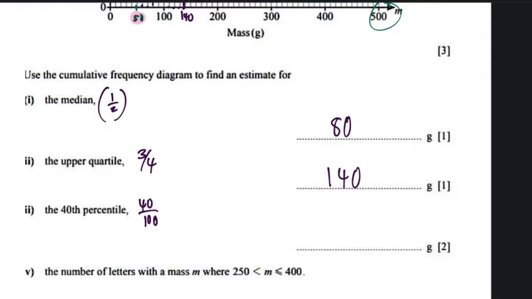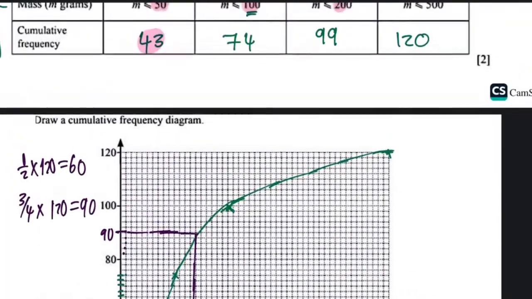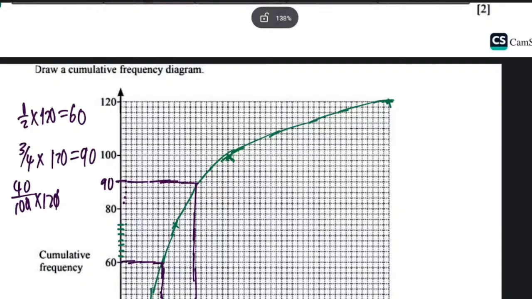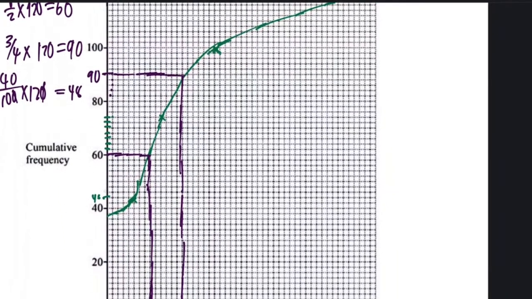Then the 40th percentile is 40 over 100. So now what will happen is you say this is going to be like this. This is going to be, I think, 48. So this is going to be 48. So you look for 48. This is 42, 44, 46, 48.